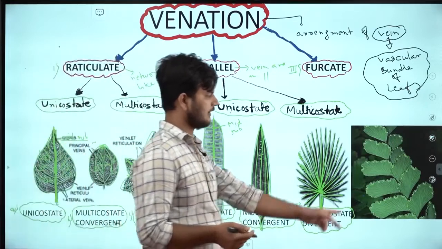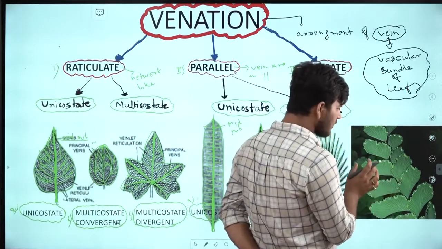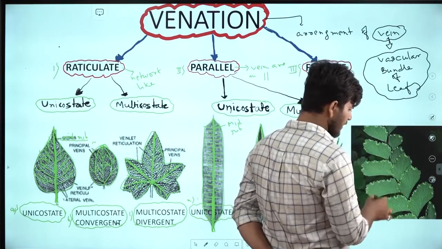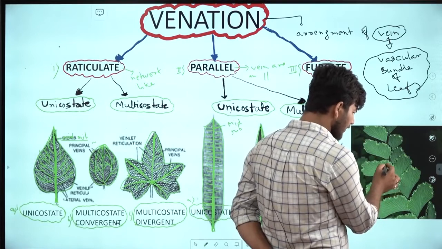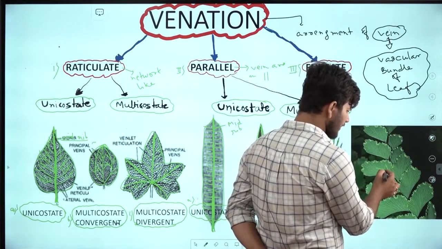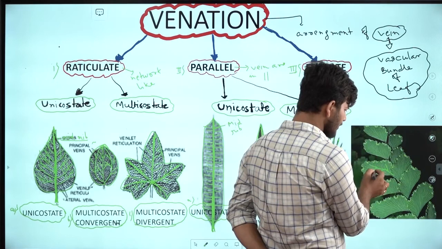Next, go ahead to the next figure. In this figure, if you watch clearly, you will find that from here it bifurcates, then it gets further bifurcation, and again further bifurcation.